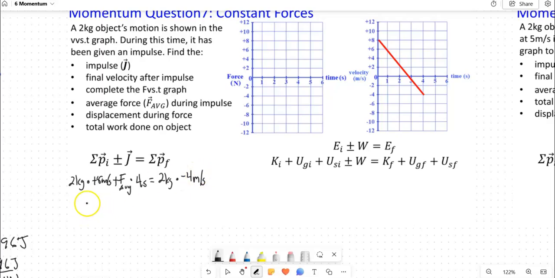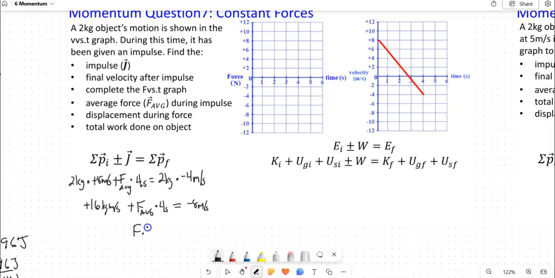Okay? So this is going to be positive 16 kilogram meter per second plus the average force times 4 seconds, which is going to be equal to negative 8 meters per second.